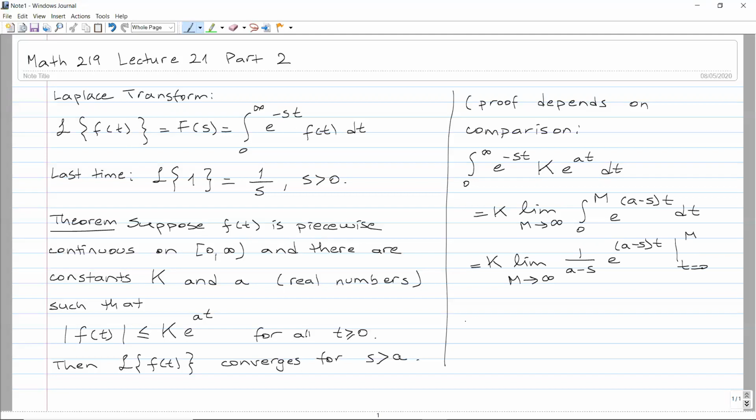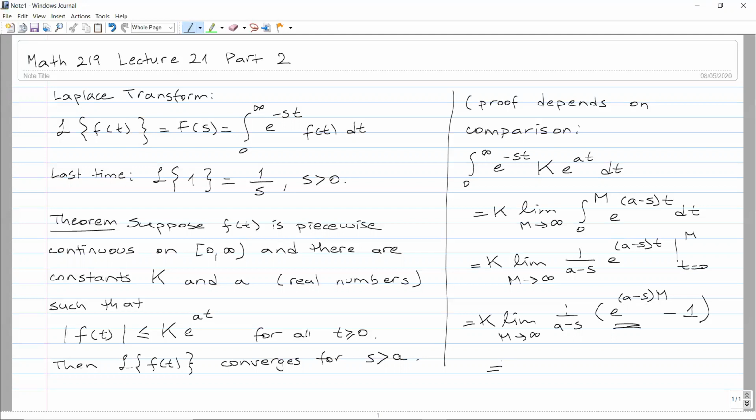This is similar to the example we did last time when we were trying to figure out the Laplace transform of 1. So we have the limit as m goes to infinity of 1 over a minus s, e to the a minus s times m, minus 1. Again, this exponential piece, the limit as m goes to infinity, is going to be 0 when the coefficient of m is negative, meaning when s is larger than a.